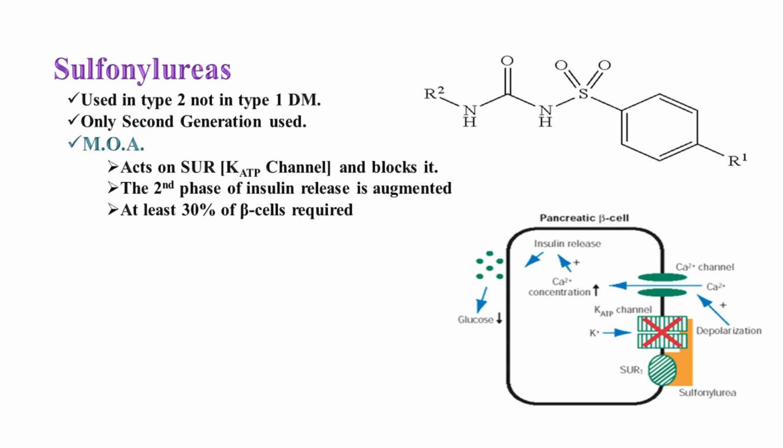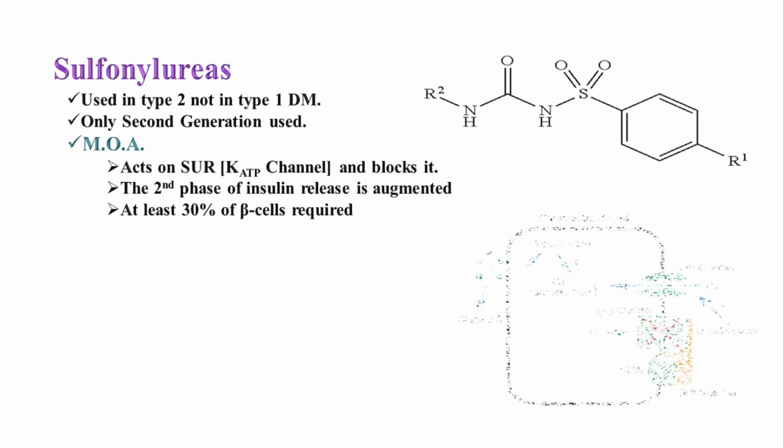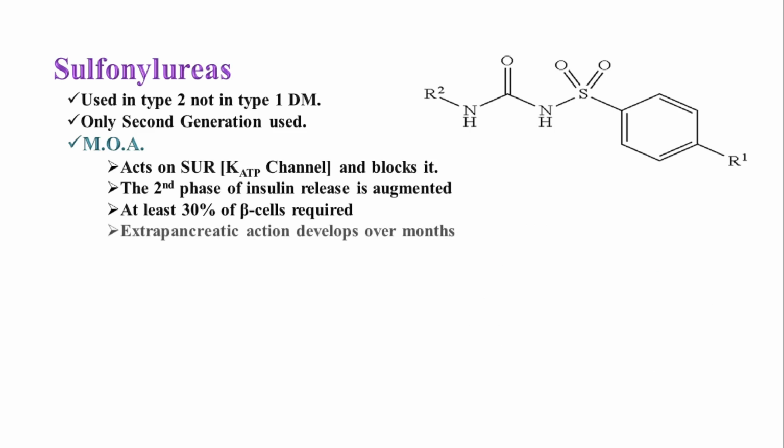Sulfonylureas will use those beta cells, at least 30% of the 100% present in the pancreas in a normal human being. At least 30% should be there. Then those 30% will be forced to release more insulin by sulfonylurea. Isn't it simple?